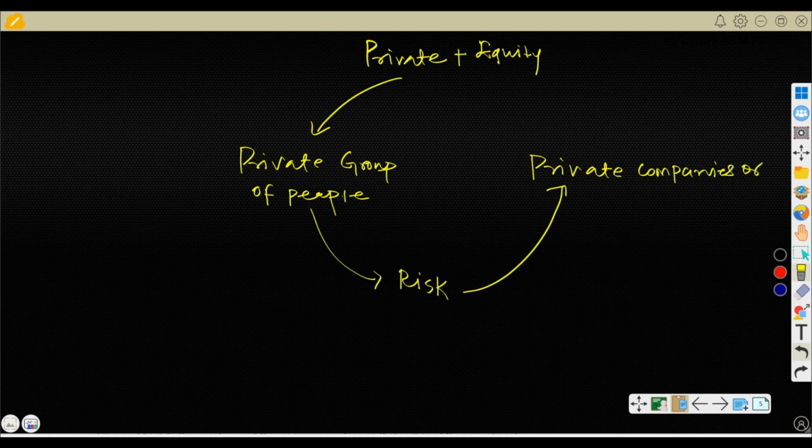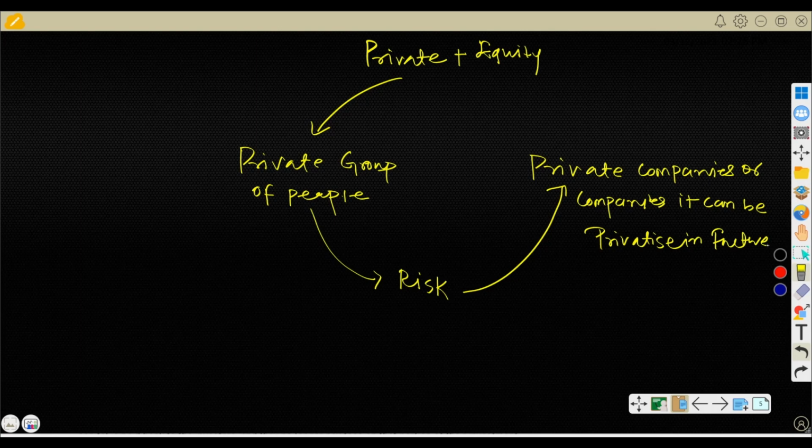Or companies that can be privatized in future.